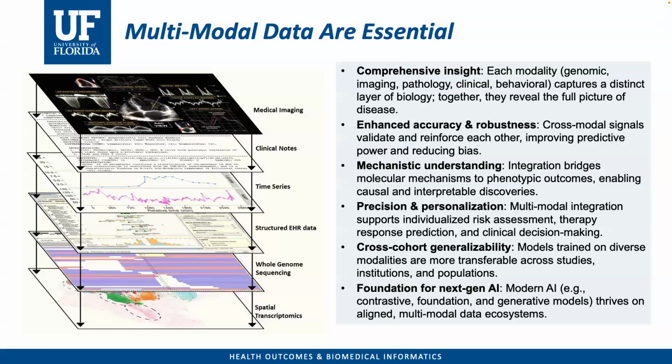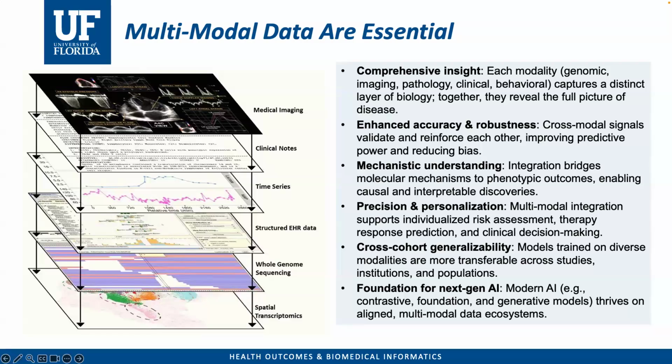Multi-modal data ranges from medical images, clinical notes, tissue, and longitudinal EHR health records data, to genomics, omics, and spatial omics data. Multi-modal data are very essential because they bring comprehensive insight. Each type of data is only one layer of the disease, so multi-modal data can give us more comprehensive insight into the disease.